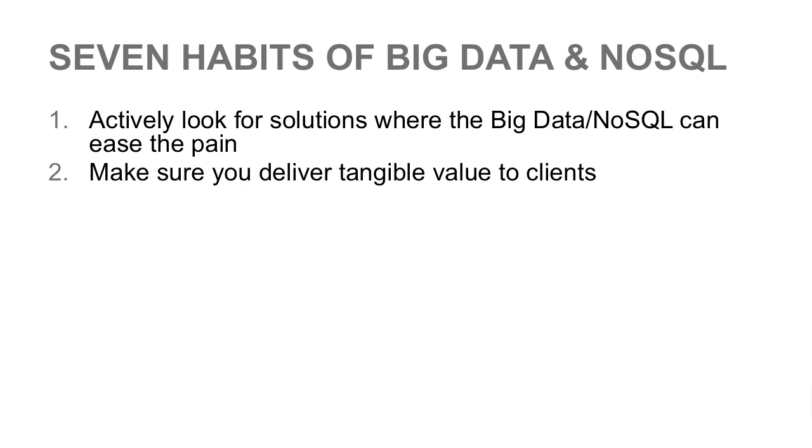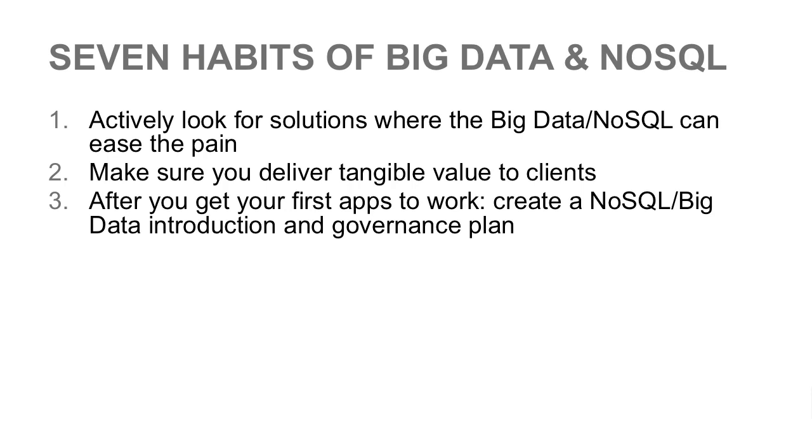The reason we are advising that is because in many organizations, technologists start playing with the technology and they forget about delivering tangible results to clients. After you get your first applications to work, create a NoSQL big data introduction and governance plan. If you don't introduce governance, big data and NoSQL systems tend to be more difficult to manage than conventional relational stores.